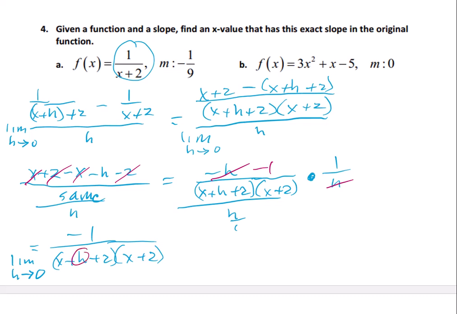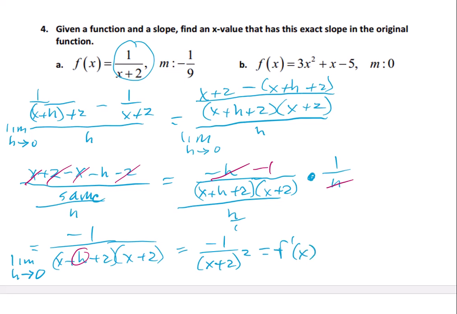This right here turns to 0, which leaves me negative 1 over x plus 2 times x plus 2, which is x plus 2 squared. Okay, that is my f prime of x.